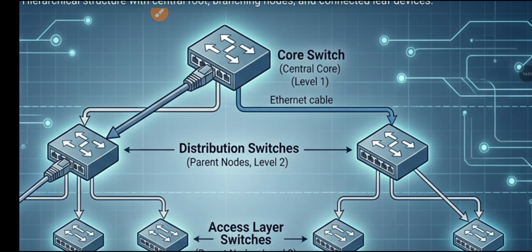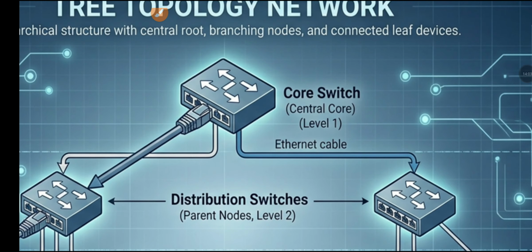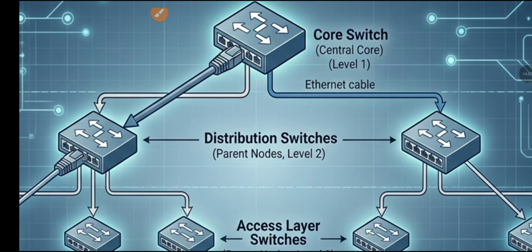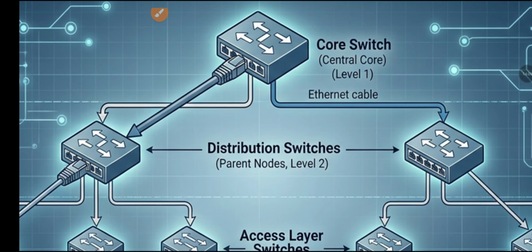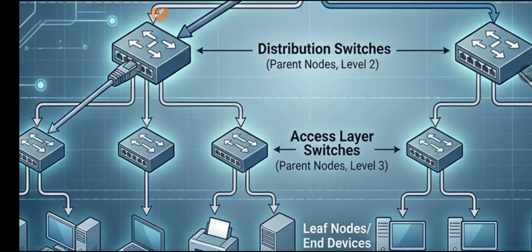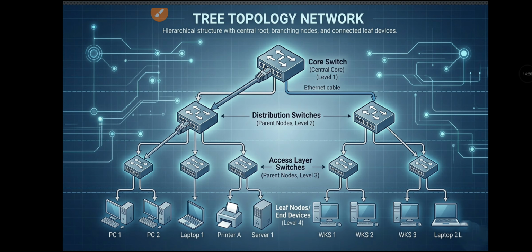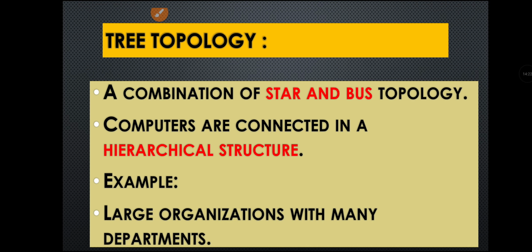You see here, this is the core switch, and it has distributed into subordinate switches, and these subordinate switches have once again divided into other subordinate switches. So it looks like the shape of a tree. That is what we call tree topology.